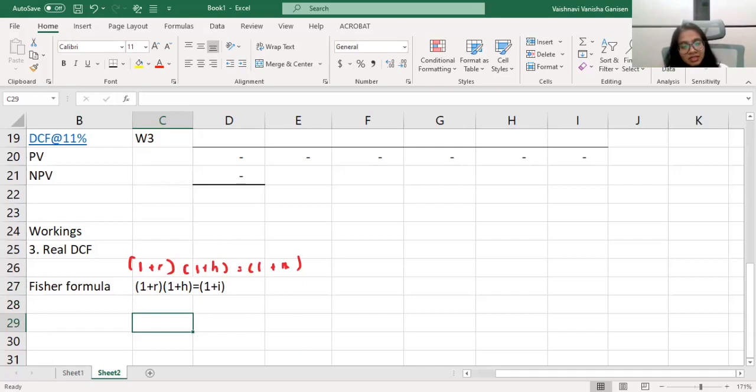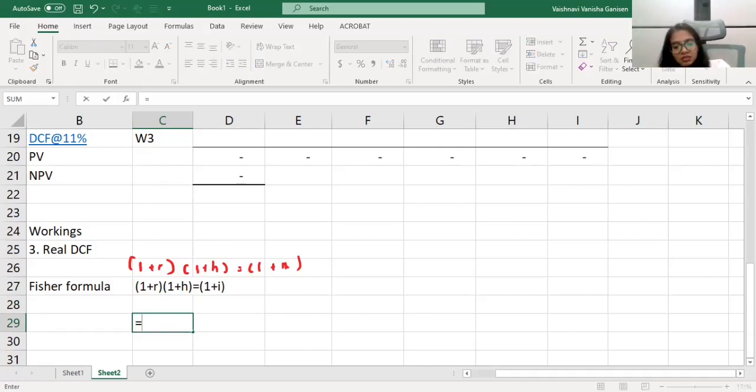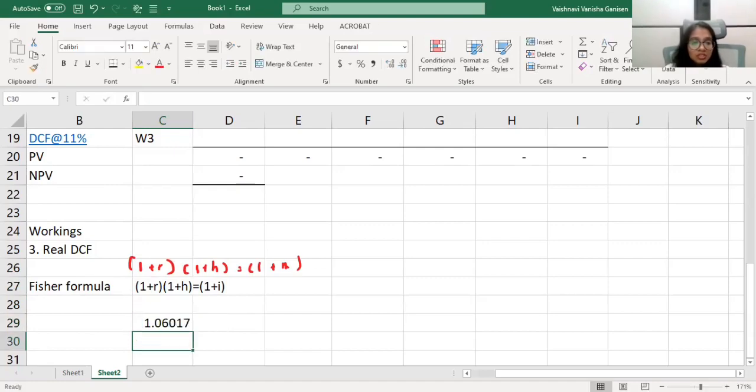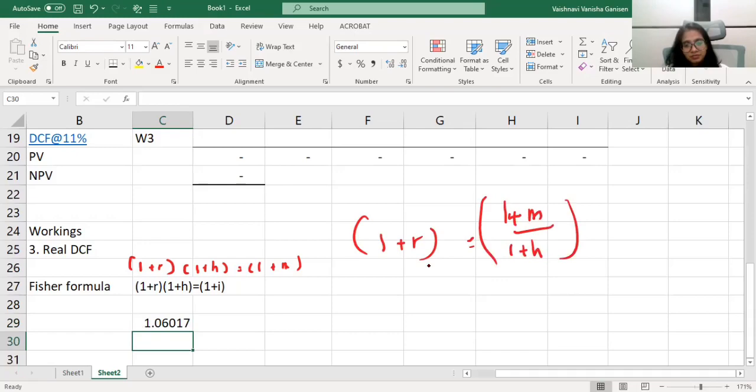Now, to calculate the value of R, it will be equals to 1.11 divided by 1.047, because you need to calculate 1 plus R equals to 1 plus M over 1 plus H. R equals to 1 plus M over 1 plus H, minus 1.